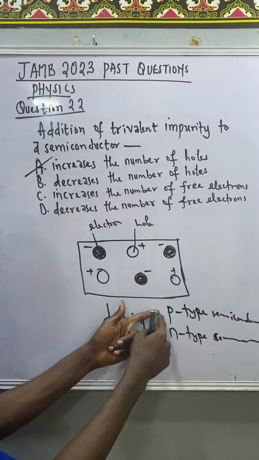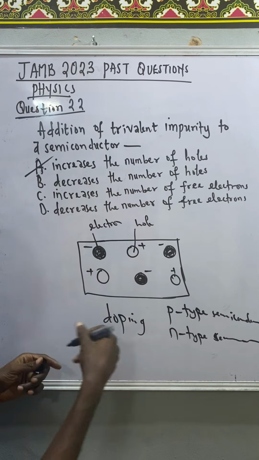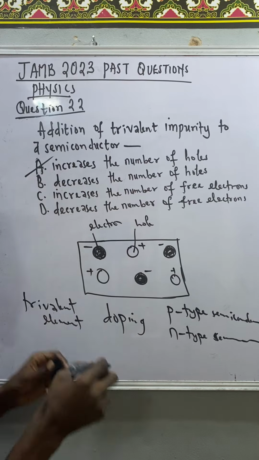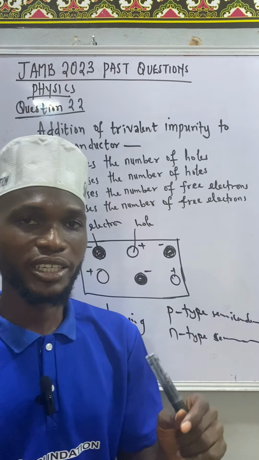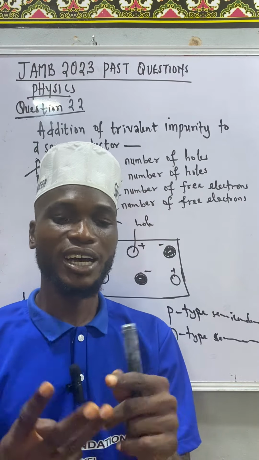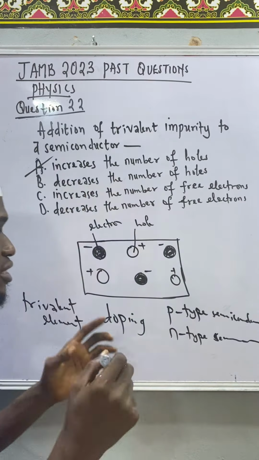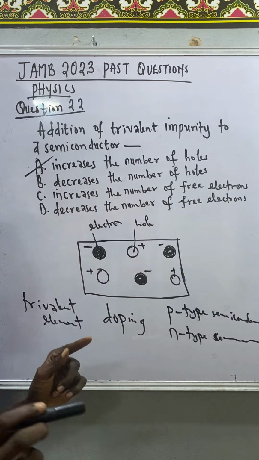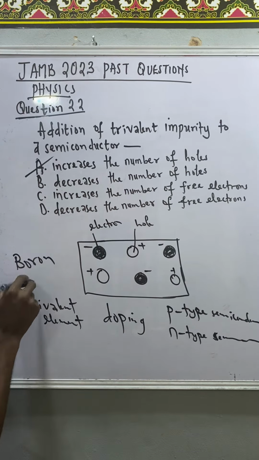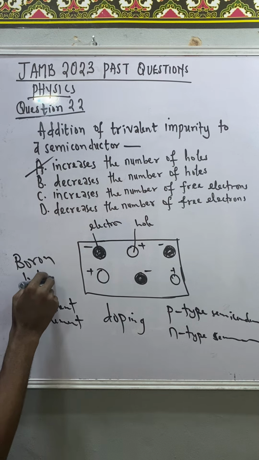To achieve P-type semiconductor, we are going to add a trivalent element. What do you mean by trivalent element? An element that its valency is 3. That is, it has 3 electrons in its outermost shell. For instance, boron is a good example, and indium.